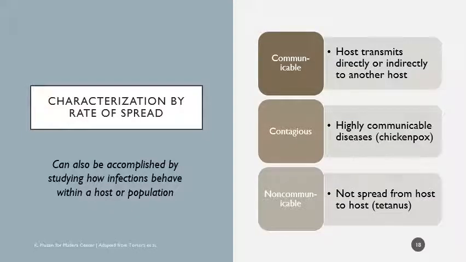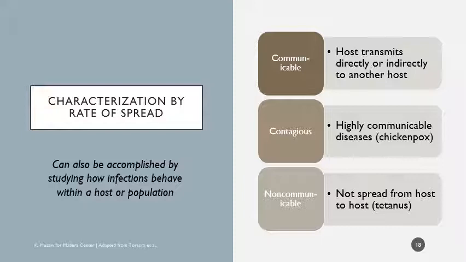We can also characterize different diseases based on their rate of spread. So if something is communicable, it does spread directly or indirectly to another host from an original host. If something is contagious, that means that it is very communicable. So things like chickenpox are super contagious.